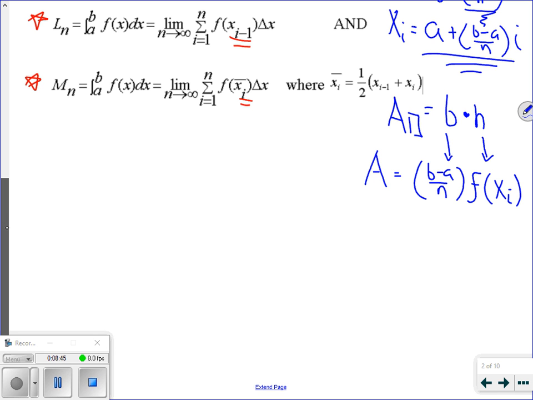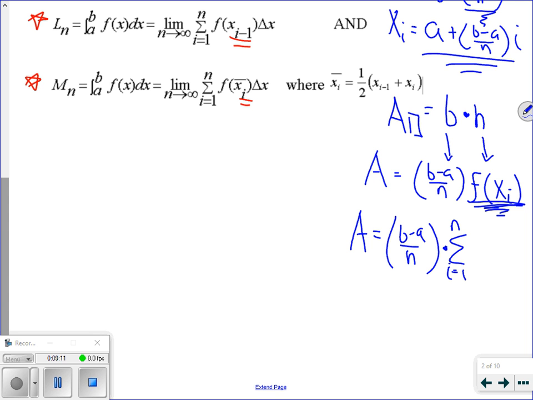So remember how this works. Area. This is pretty much how Riemann sum was set up. It's b minus a over n, so the base, and then times all these heights. Well, what we did, if you remember from Riemann sum, is we added all of those heights up. We had more than one height. So how we represented that is we added up all of the heights from the first term to the nth term, especially if we're talking about right Riemann sum.